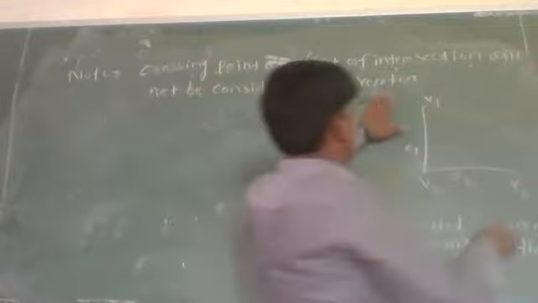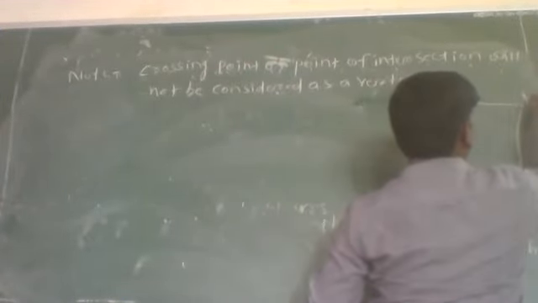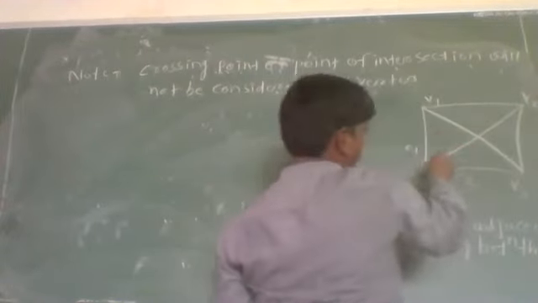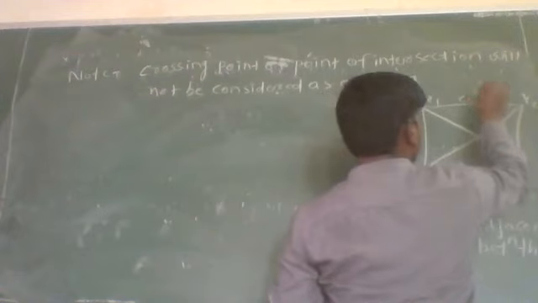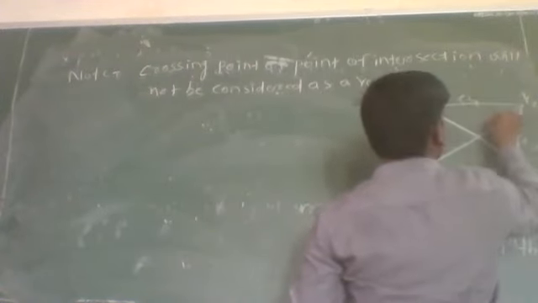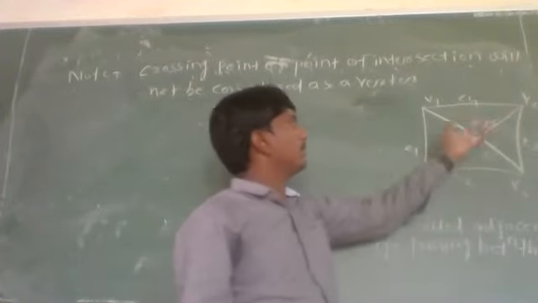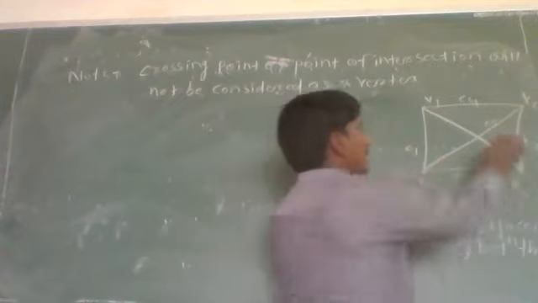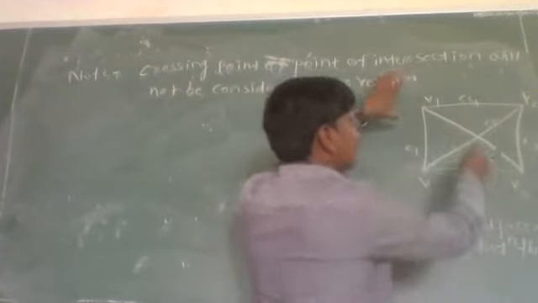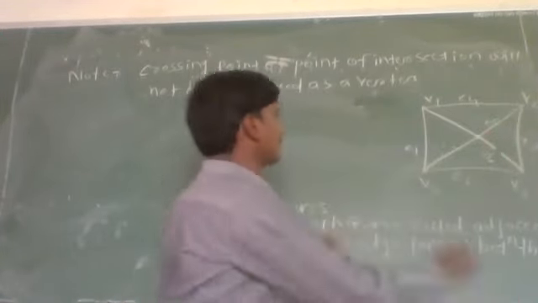That is, suppose this one is a graph. Then there is a point of intersection between two edges E4 and E5 and E6, but this point of intersection will not be considered as a vertex.